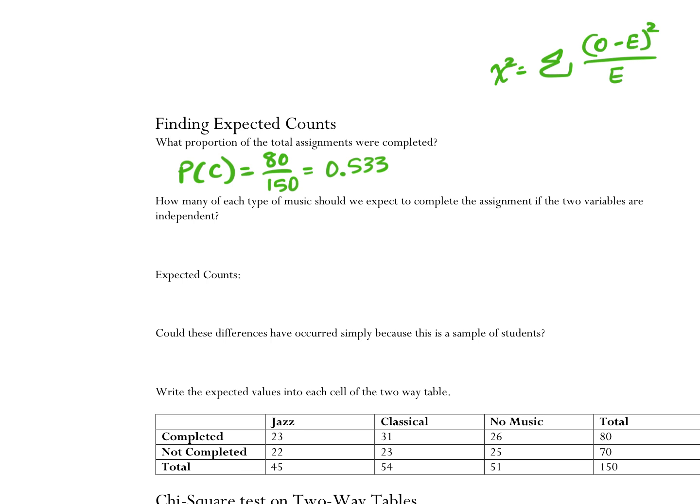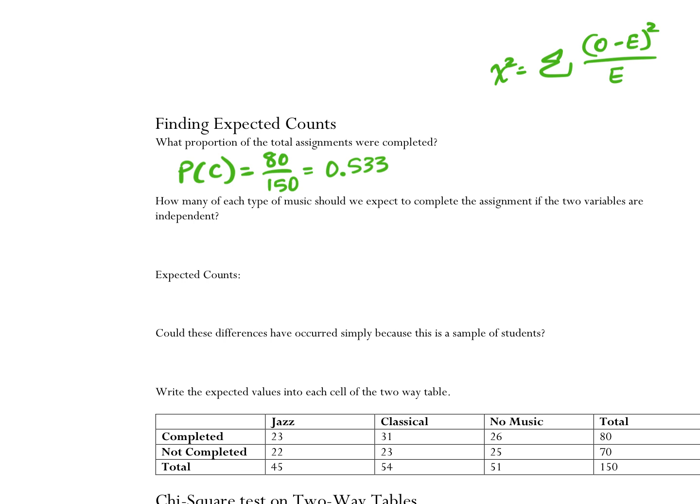It means overall, 53.3% of the students in this experiment were going to complete the assignment. And if the two events were independent, we would expect 53% of each category to complete the assignment, right? If the different kinds of music don't matter to whether you're going to complete the assignment, that 53% should have applied to every single group.